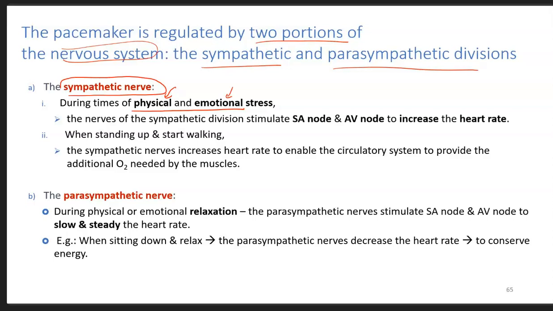So during times of physical and emotional stress, the nerves of the sympathetic division will stimulate the SA node and also the AV node to increase the heart rate. So that is one condition that causes the heart rate to increase. Physical and emotional stress. Physical macam tadi lah, you are exercising for example, okay.